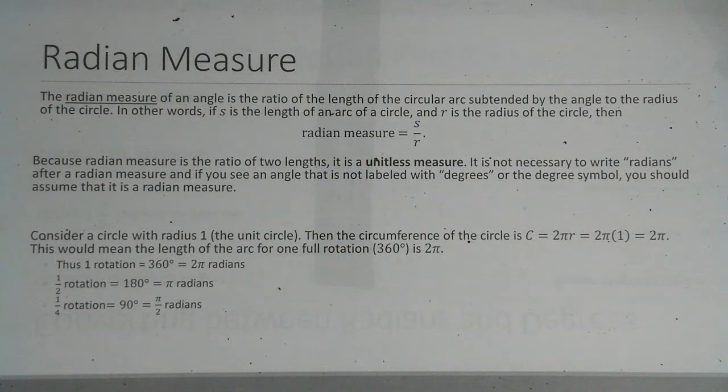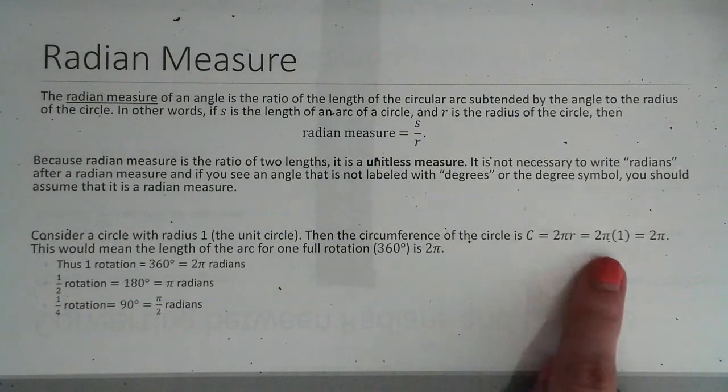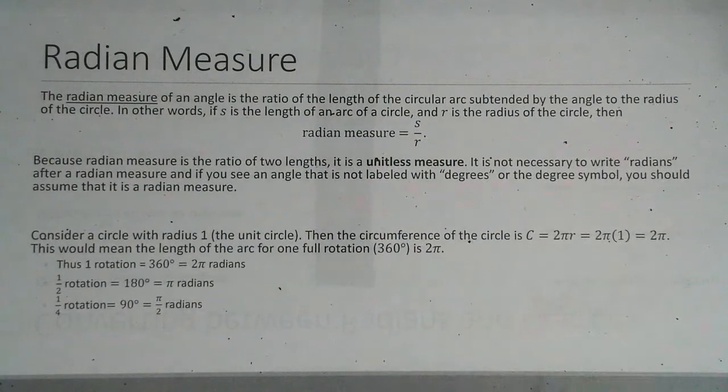So if you think about a circle with radius 1, that's called the unit circle, then the circumference of any circle is 2 pi r. But for this circle, if we're letting the radius be 1, then the circumference will be 2 pi times 1, which is 2 pi. So that would mean that the length of the arc for one full rotation, one full way around the circle, which we know to be 360 degrees, is 2 pi, and that's in radians.